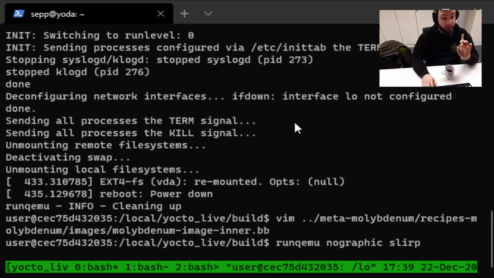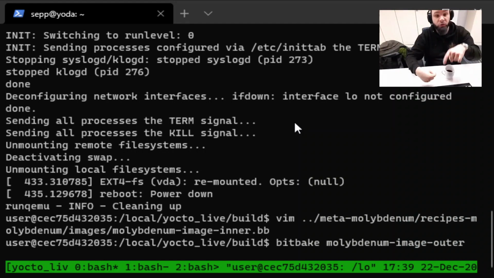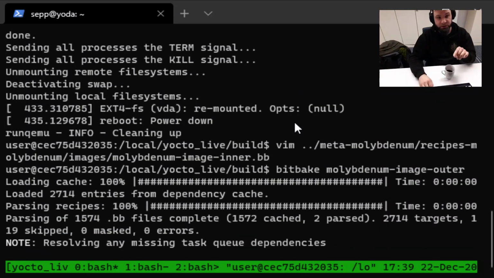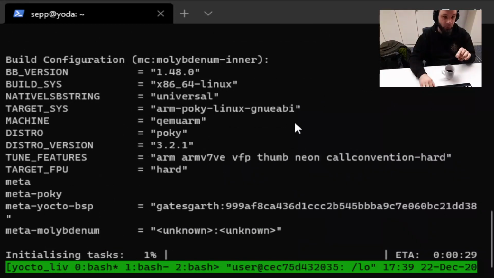So if and only if the dependency chains work correctly, then BC should now be built for molybdenum inner, go into the image, go into molybdenum payload, and then go into the outer image. And if the BusyBox can untar and unzip, we can look into the tarball then and verify that, okay?